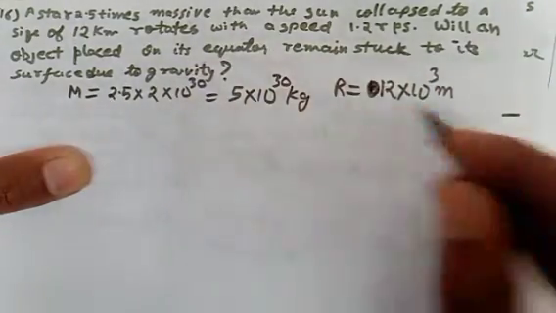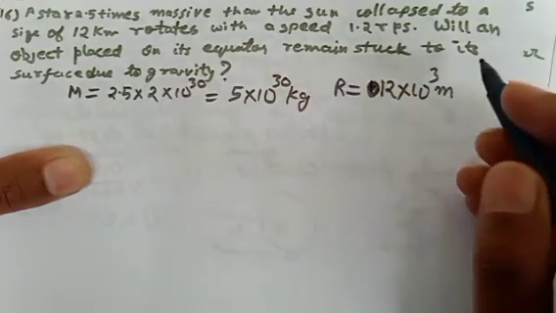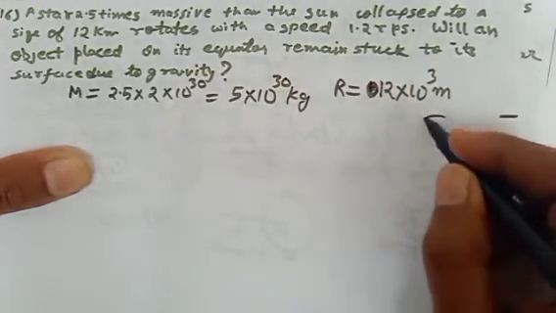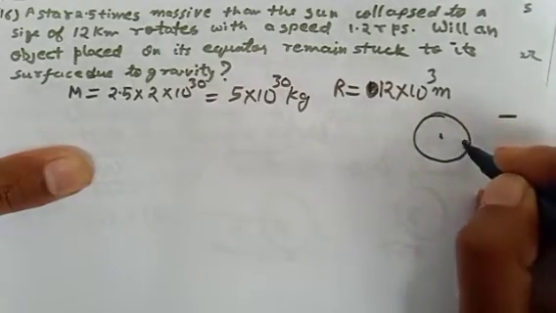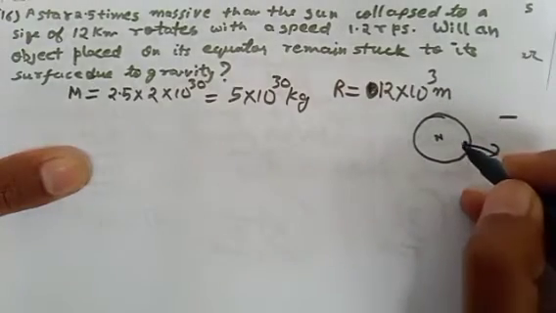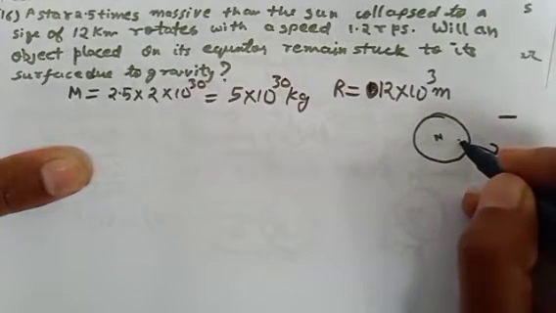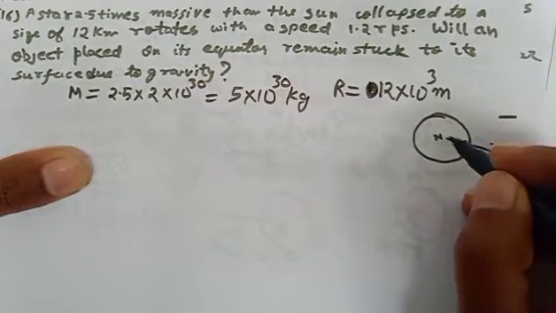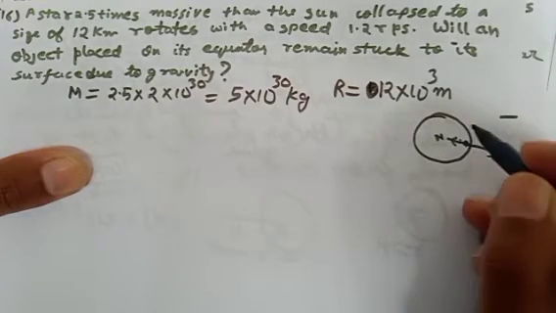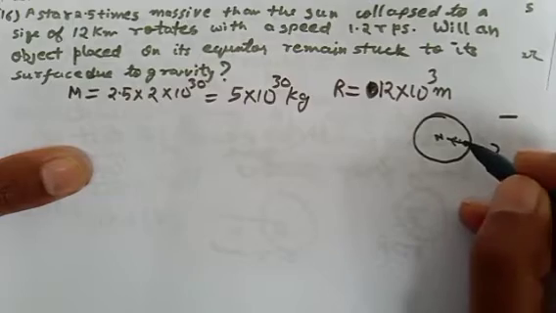Will an object placed at the equator remain stuck to its surface? Actually, they are talking about, just imagine if you are sitting on a merry-go-round, you are being pulled away. So you hold something and you have to apply some force this way. You require centripetal force to be stationary.